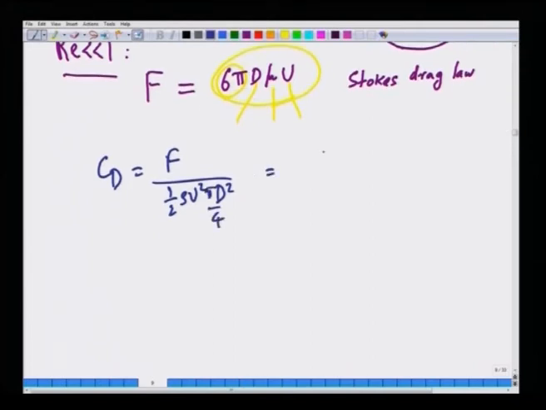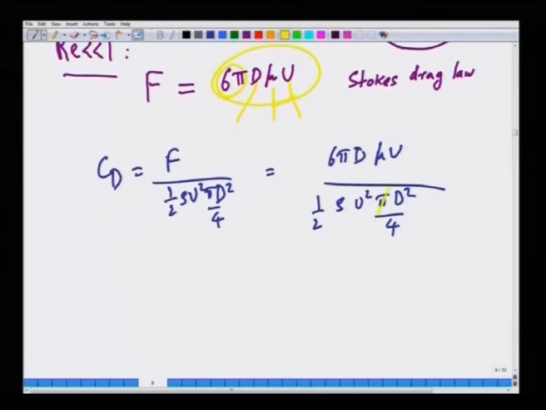If you substitute 6 pi d mu u, divided by half rho u squared times pi d squared by 4, then the pi goes off. One factor of u will go with one factor of u, one factor of d will go with one factor of d.